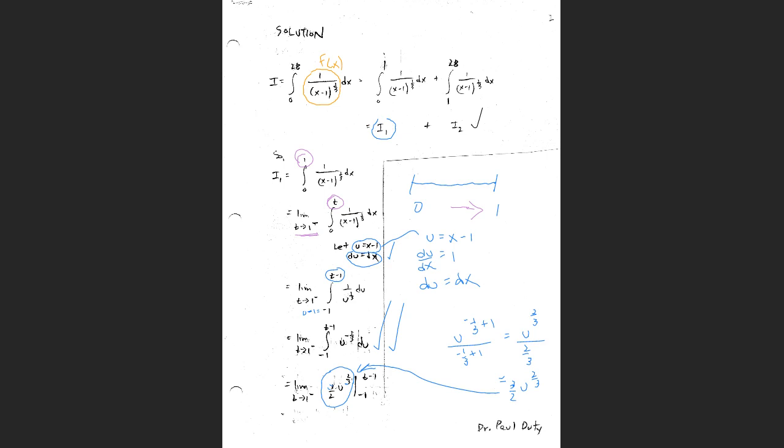And that function is not defined at x equals 1. So that's how I know to split the integral up along x equals 1. If I had x minus 2 to the third power, I would split the integral up along x equals 2.